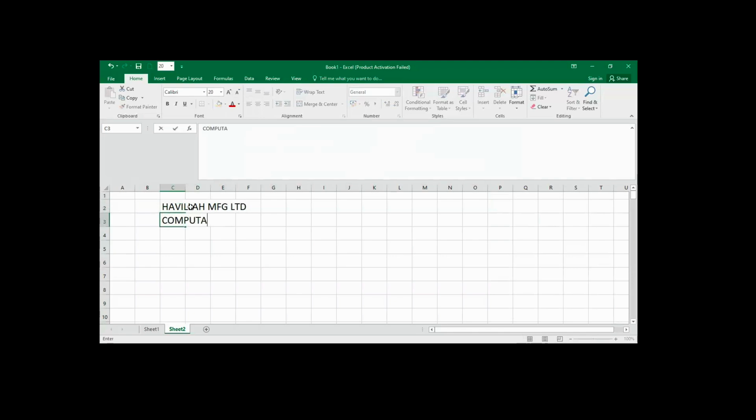Requirement: computation of VAT for the year ended September 30, 2021. So we also analyze the information based on available data.